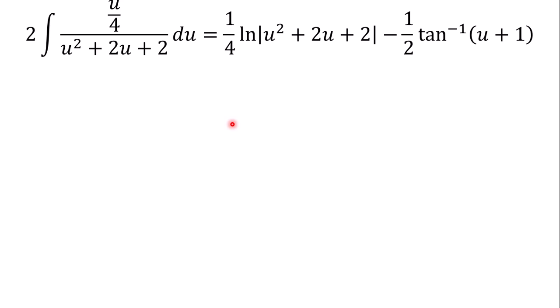We are going to put the two answers together. But the original integral is equal to A plus B.